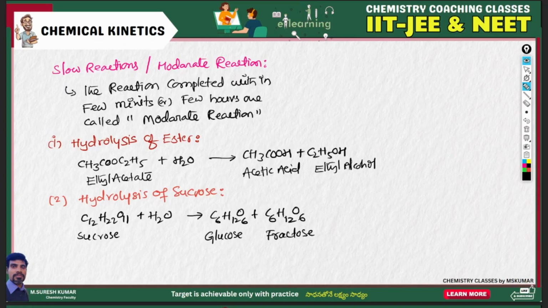Glucose and fructose both are monomers. Monomers means the simplest unit of sugar, and both have the same molecular formula, but the functional groups are different. Glucose has an aldehyde functional group, fructose has a ketone functional group. Glucose is an example of aldose, fructose is an example of ketose. Okay? Now this hydrolysis of sucrose is also an example for what? Moderate reaction.